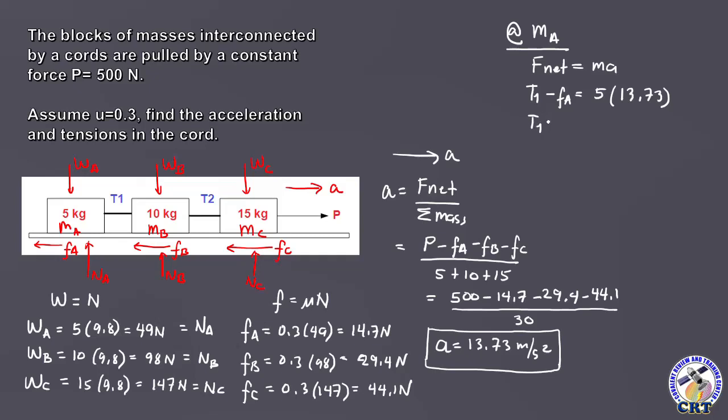So T1 equals 5 times 13.73 plus FA. Transpose FA, it will become plus FA. FA is 14.7. Therefore, we can now solve T1. Okay, use your calculator. 83.35 newtons. So this is T1.